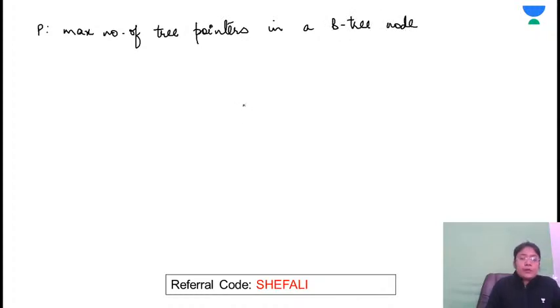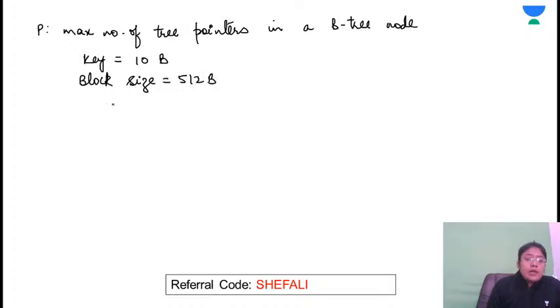Let's assume that P represents the maximum number of tree pointers in a B tree node, and key is given as 10 bytes long, block size is 512 bytes, data pointer is given as 8 bytes, and block pointer is given as 5 bytes.